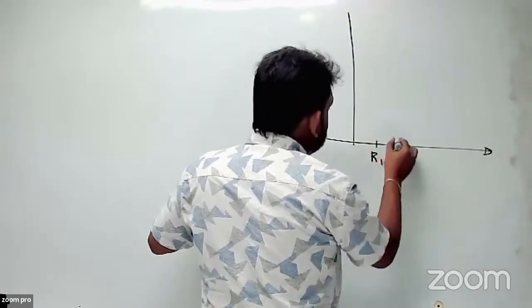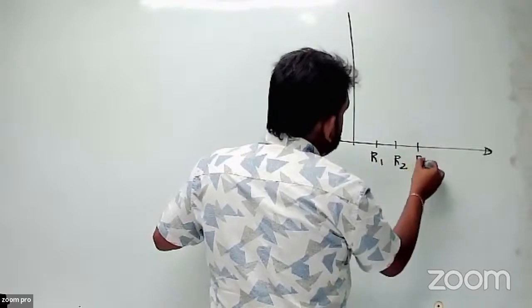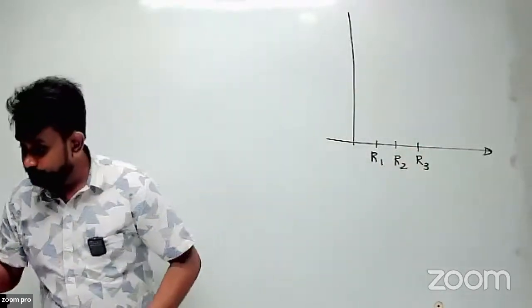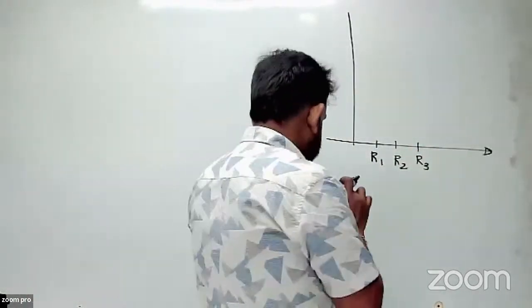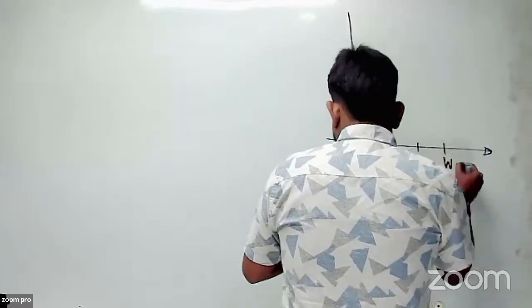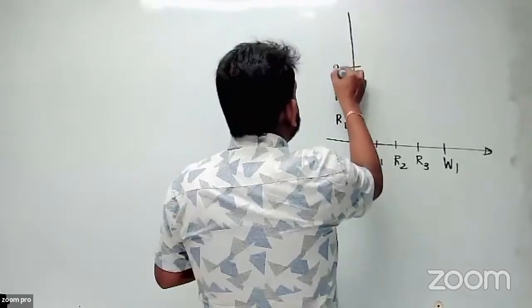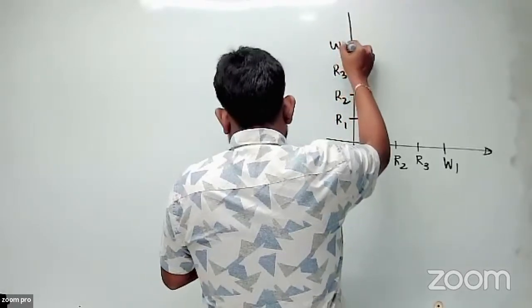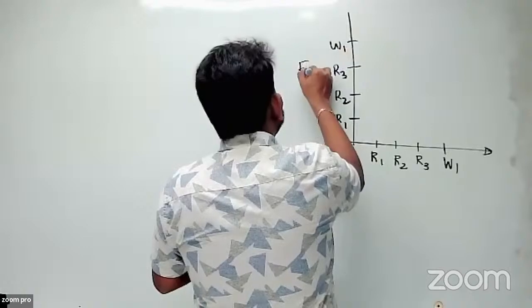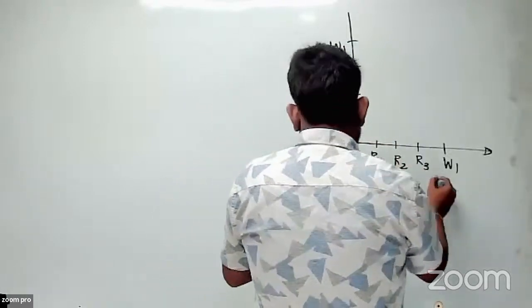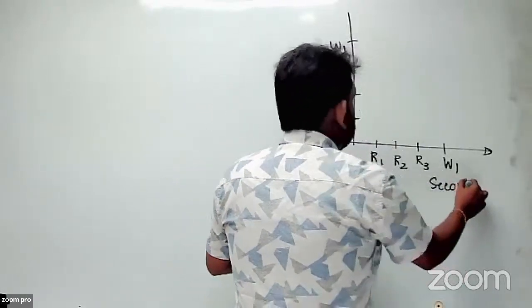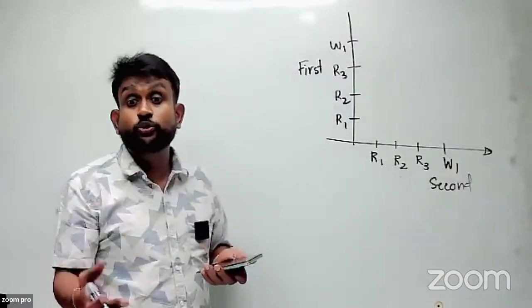So we have R1, R2, R3, and then we have the white one, and similarly R1, R2, R3, and the white one. This is the first row, and here the second row, right? So they are putting it back.